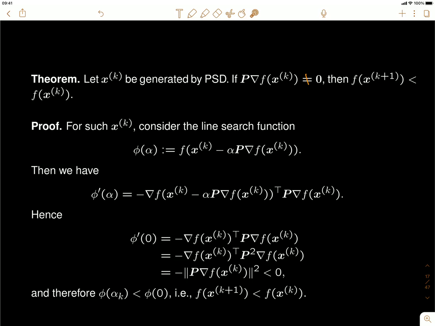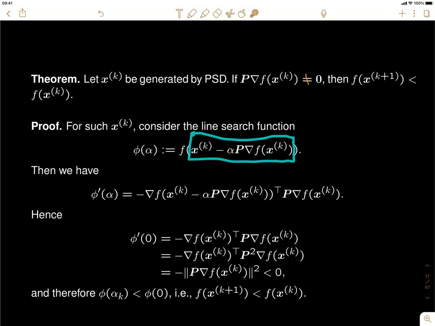So let's say that this part, we plug this back into the f. This will be a function of alpha only, right? Just like what we did for the line search function. Okay, and once we determine the alpha, this box thing will be the next point xk plus 1, and we'll get the function f at that point.